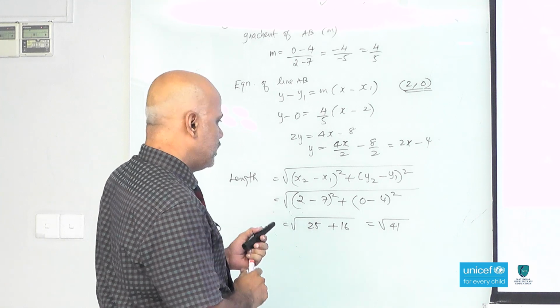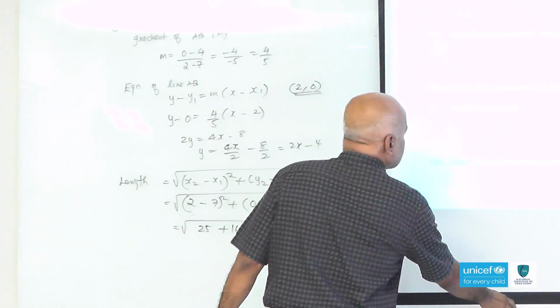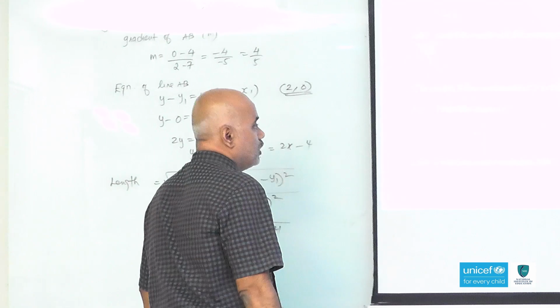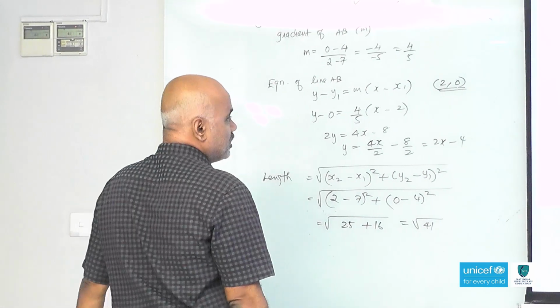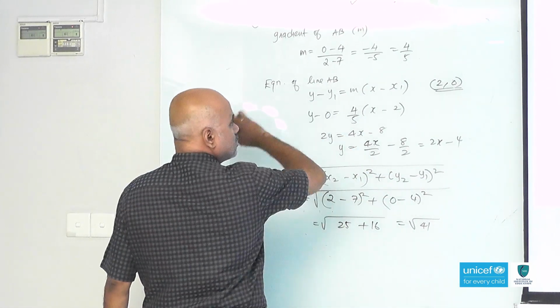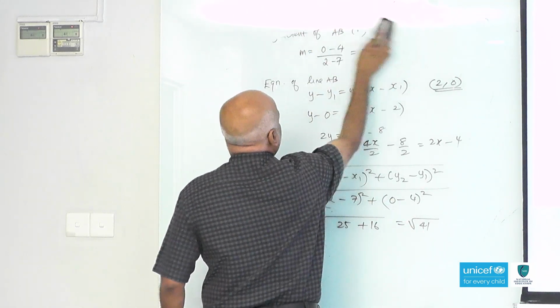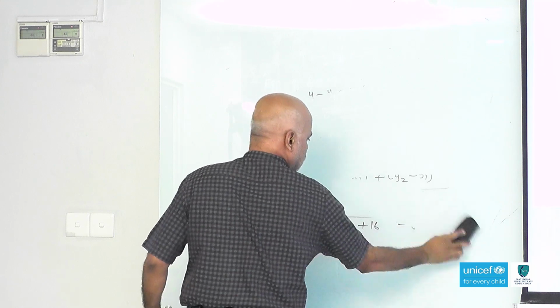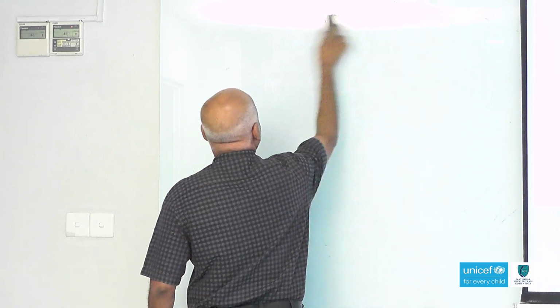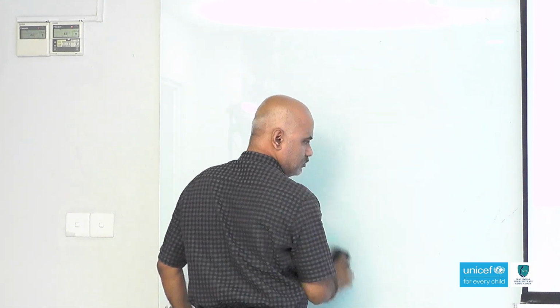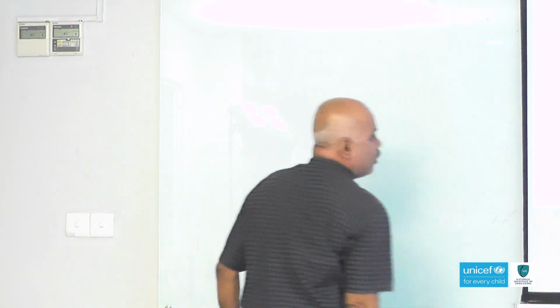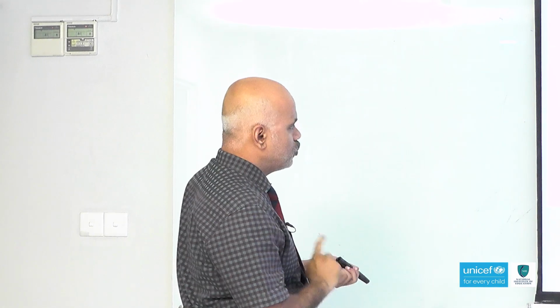What about the C? The point C has coordinates 2 comma t and t is greater than 0. So it is not a direct part of the question. So let us try to draw the diagram of that. The point C has coordinates 2 comma t.